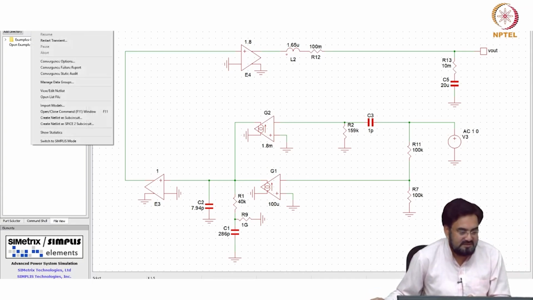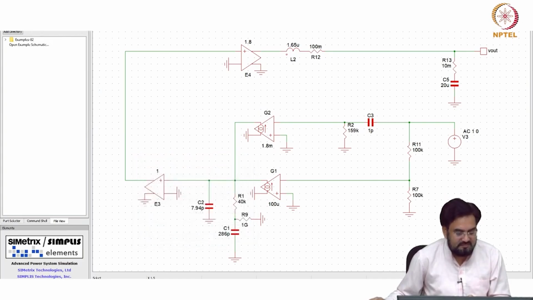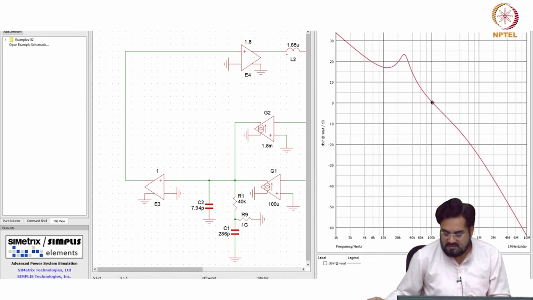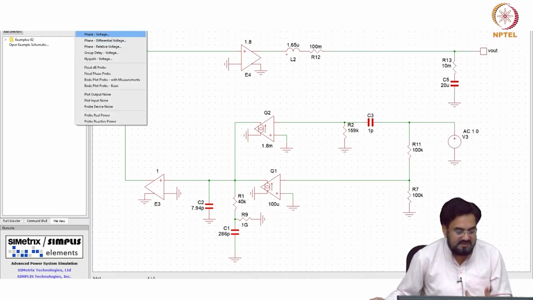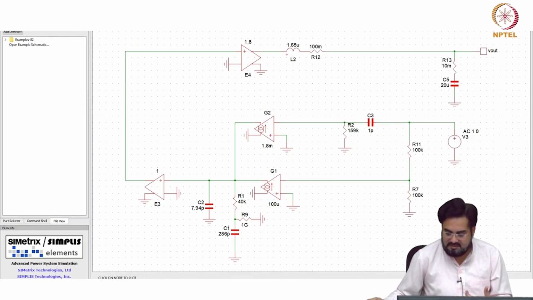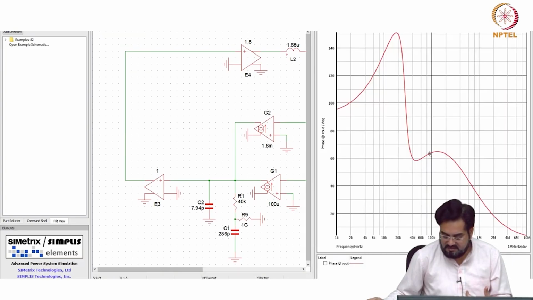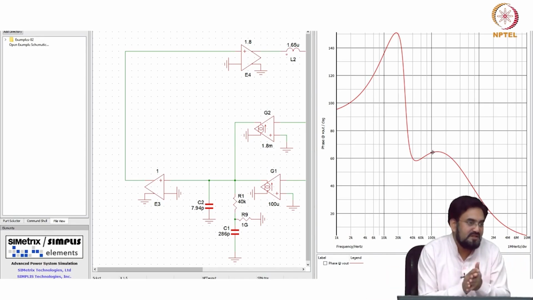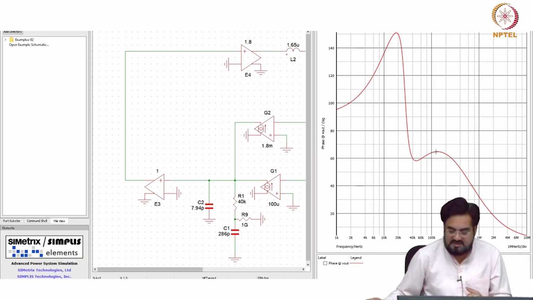The UGB is exactly the same, we are getting 110K, and if I look at the phase, it is 64. Without those poles we were getting more than 70, but those poles cause a drop in the phase margin, that is why now you are getting 60.